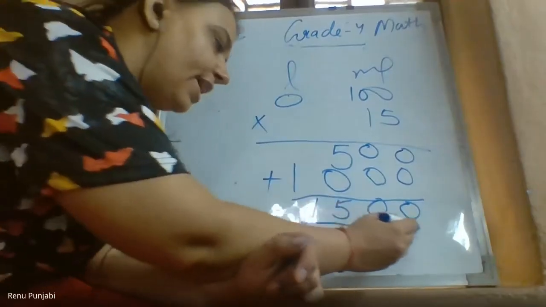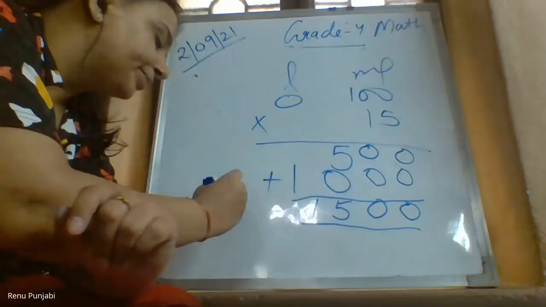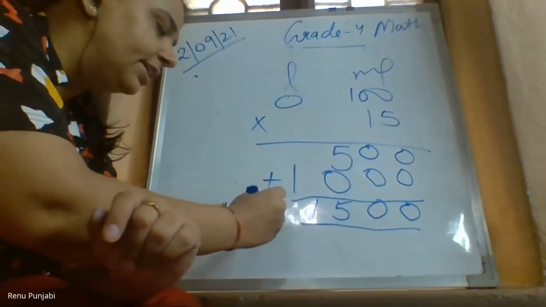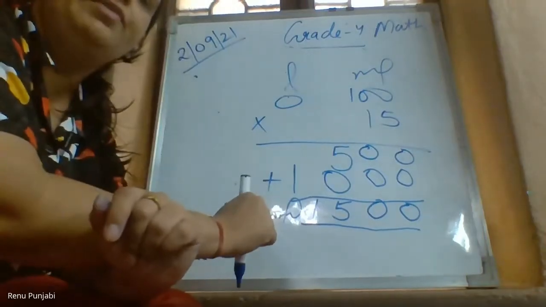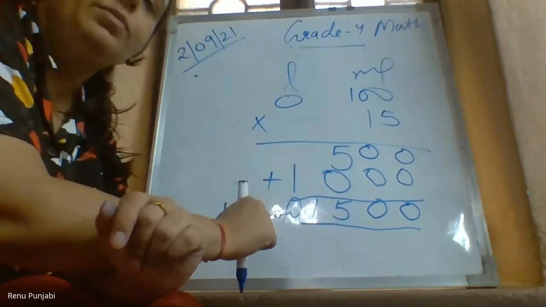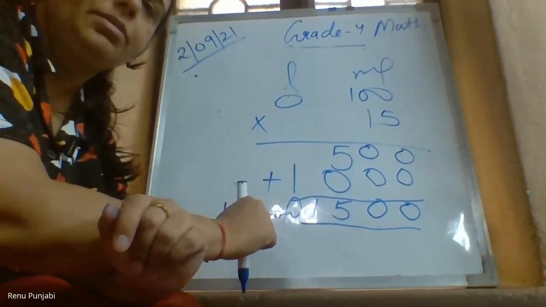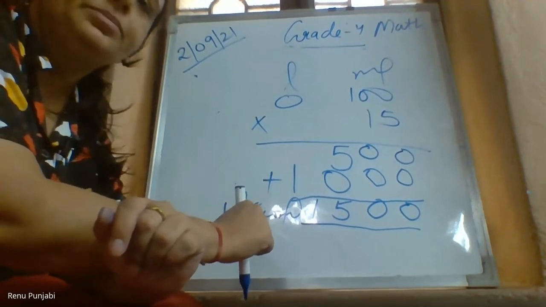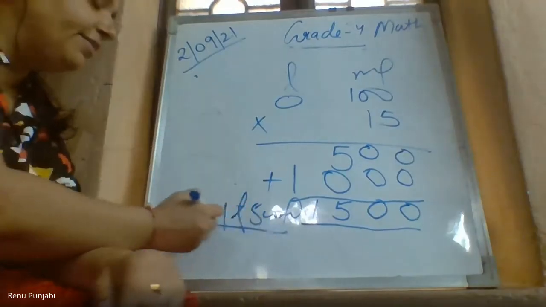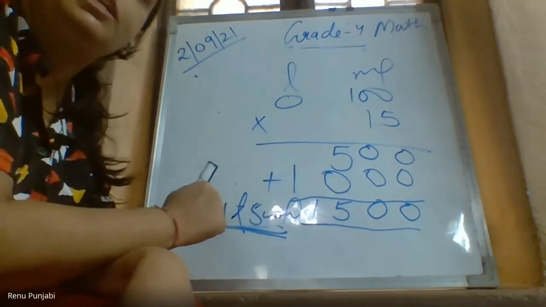I served 1 liter 500 milliliter to each guest. So if I tell you 1 liter 500 milliliter equals how many milliliter? What, ma'am? 1 liter 500 milliliter is how many milliliters? Laisha, am I audible, right? Yes. 1 liter 500 milliliter equals how many milliliters?